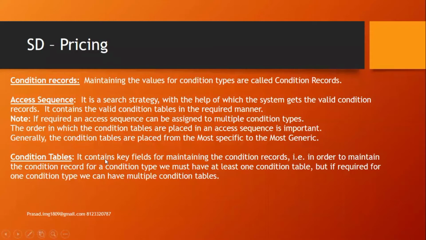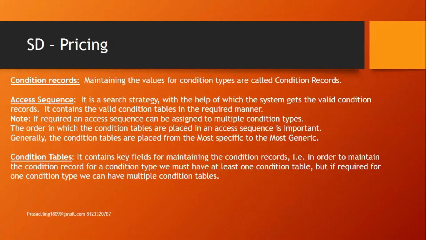Condition tables are a key combination we are going to maintain, and the access sequence is a search strategy with the help of which the system gets the valid condition records. It contains the valid condition tables in the required manner.